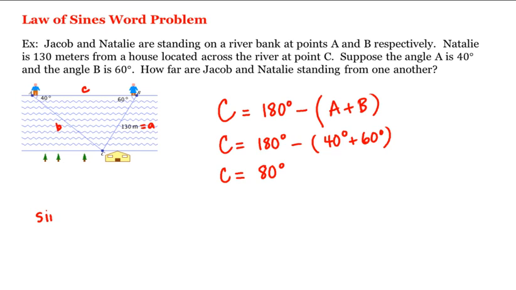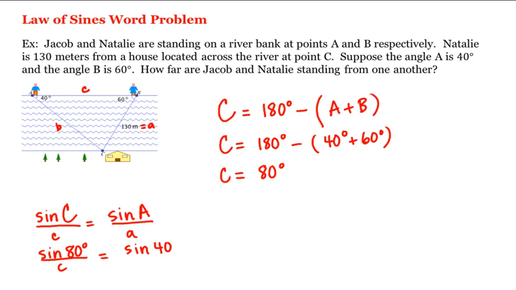Namely, sine of C divided by little c is equal to sine of A divided by little a, or sine of 80 degrees divided by little c is equal to sine of 40 degrees divided by 130, which means cross-multiplying, we get 130 times sine of 80 degrees is equal to c times sine of 40 degrees.